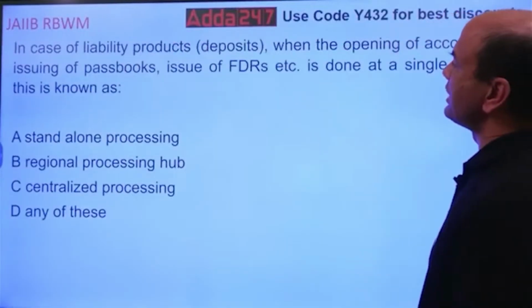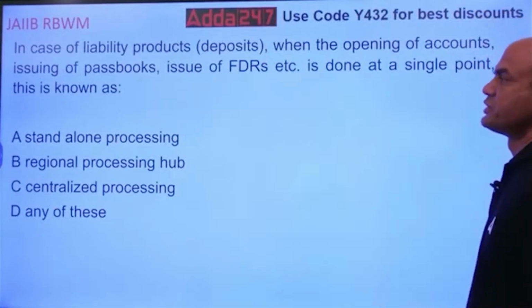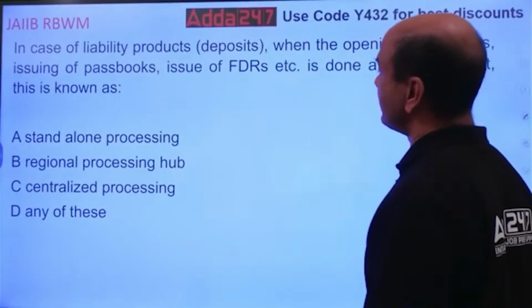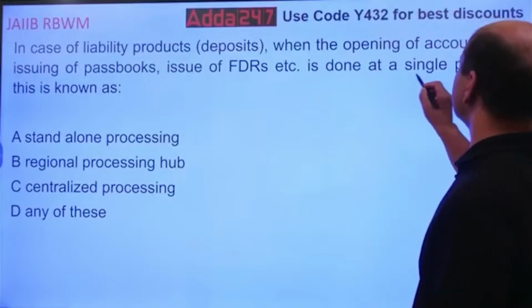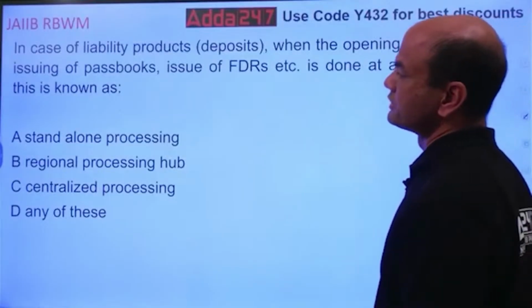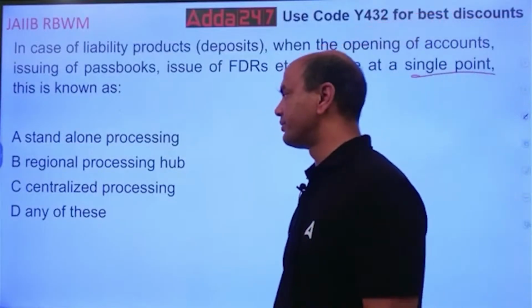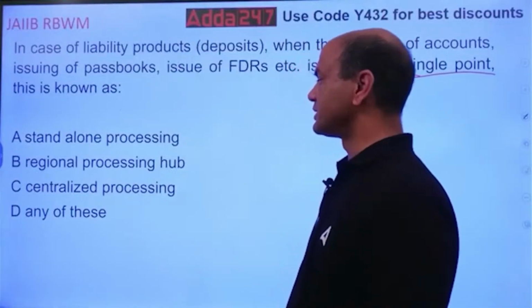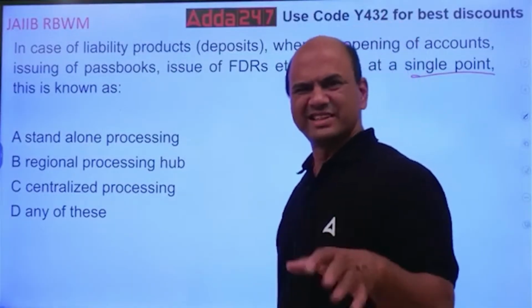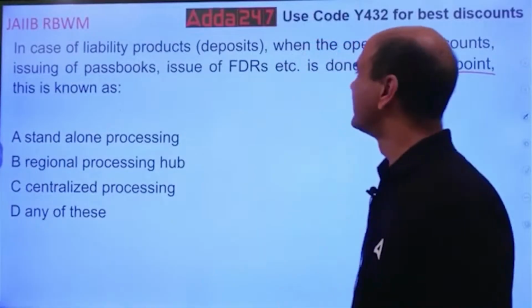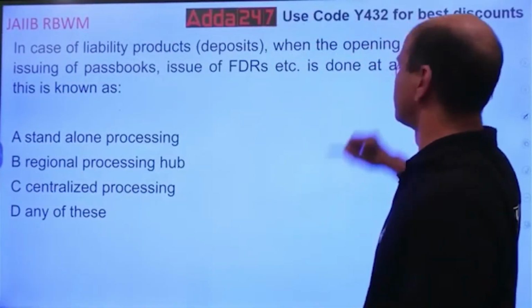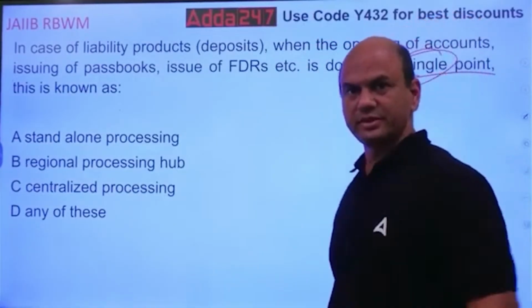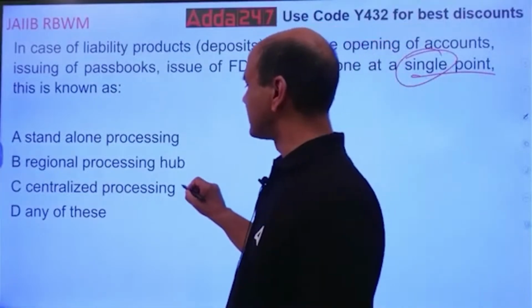In case of liability deposits, when the opening of accounts, issuing of passbooks, issue of FDRs, etc. is done at a single point, it is known as standalone, regional hub, centralized processing, any of these. Similar to the earlier one. Single point. Okay, it is centralized.